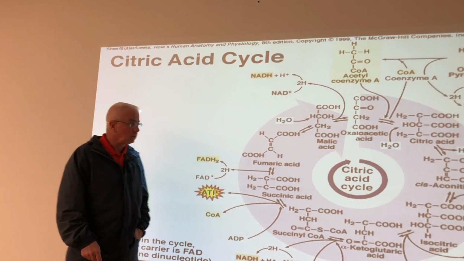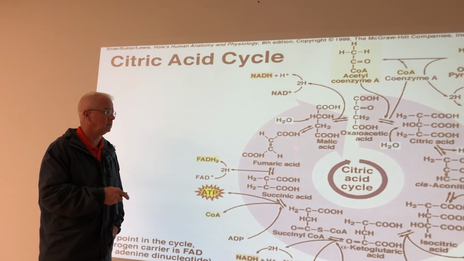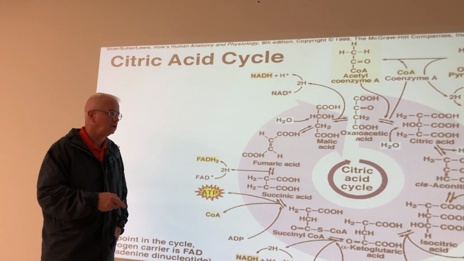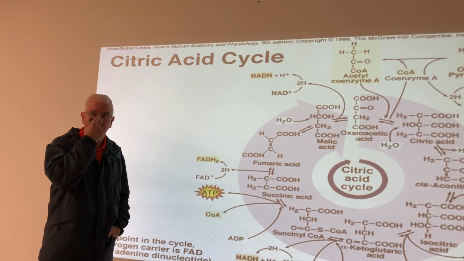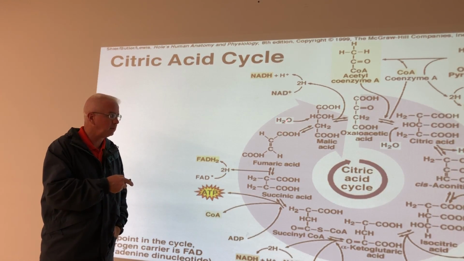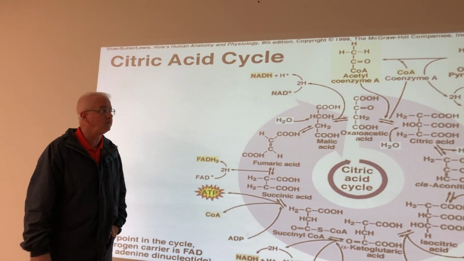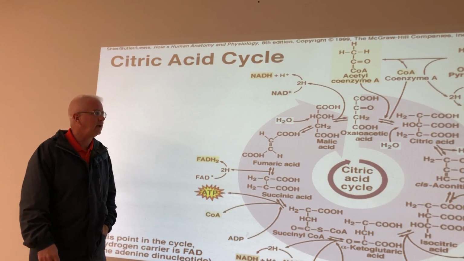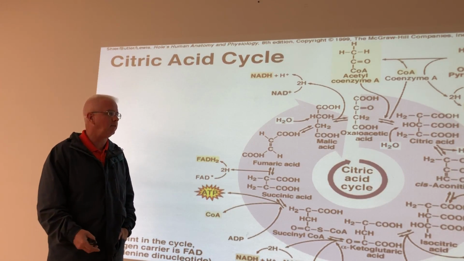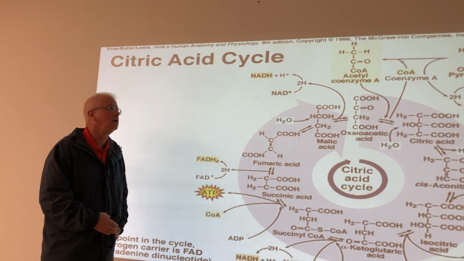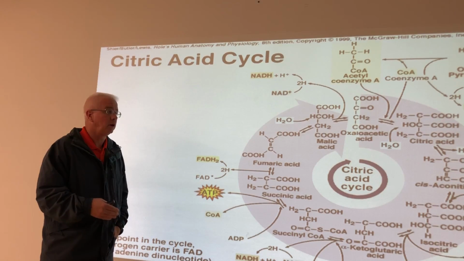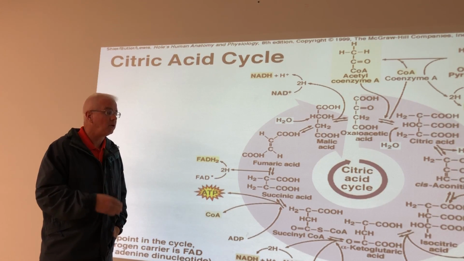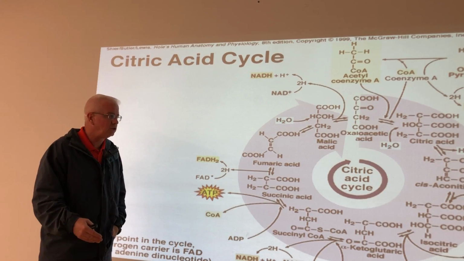Now, looking around the reactions here in the Krebs cycle, you should see that there's no molecular oxygen. We have some water molecules in here for dehydration synthesis type behavior, and hydrolysis behavior, but we don't have any free oxygen molecules.